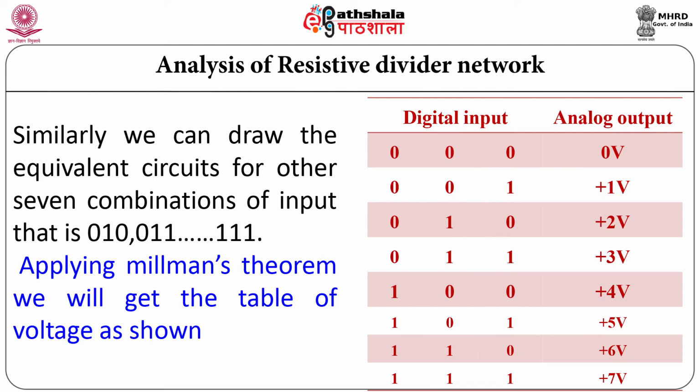For a digital input 0 0 0, analog output voltage will be 0 volt. For a digital input 0 0 1, analog output will be 1 volt. For 0 1 0, it comes out to be plus 2 volt and so on, such that for a digital input 1 1 1, analog output will be plus 7 volt.